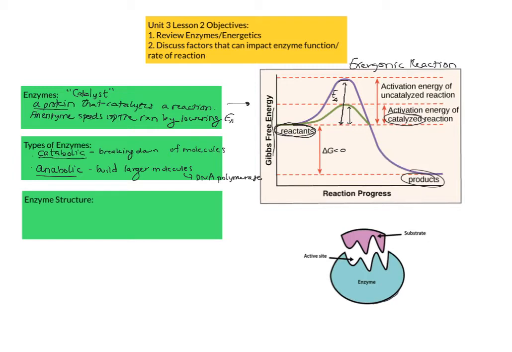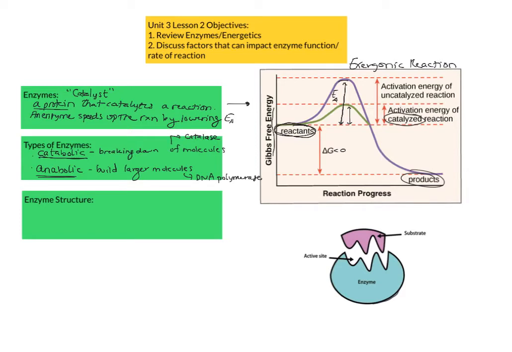DNA polymerase is used to build a DNA molecule during DNA replication. It builds a larger molecule, and if you remember, anabolic reactions tend to be endergonic in nature, and catabolic reactions tend to be exergonic. An example of a catabolic enzyme, which we'll see in this unit, is catalase. It breaks down hydrogen peroxide into smaller parts, into water and oxygen. Okay, so those are our types.